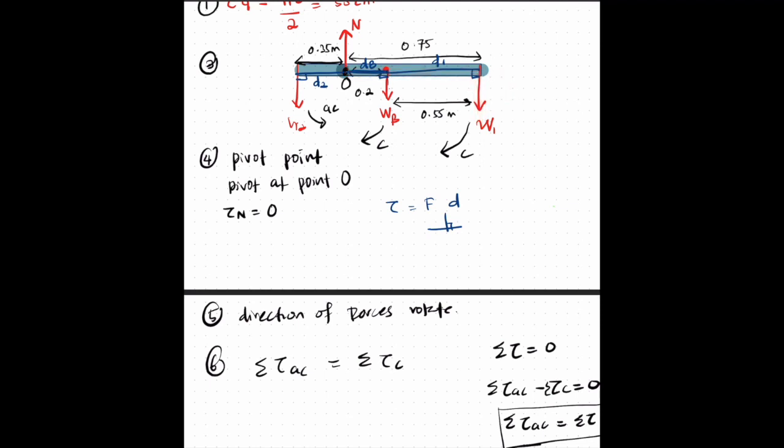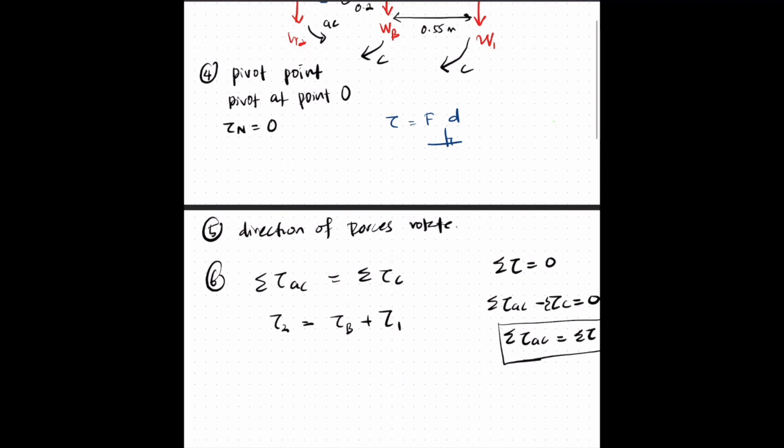So we have torque 1, torque 2, torque B. Torque 2 is anti-clockwise, equal to total torque clockwise. We have two torques for clockwise: torque B plus torque 1. Then we know that torque 2, W2 D2, equals torque B, WB dB, plus W1 D1.